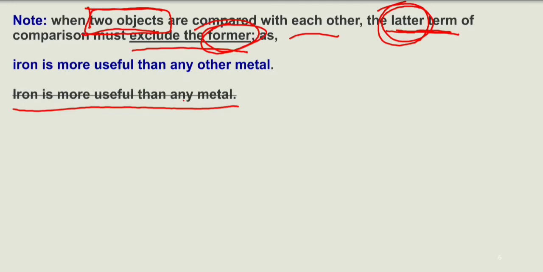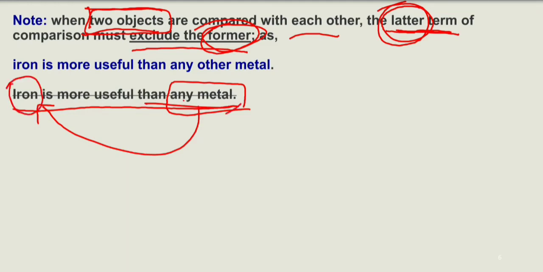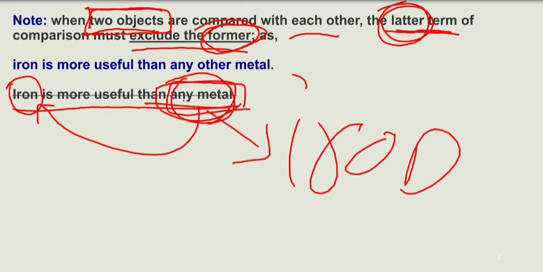Now here any metal includes the word iron. Iron itself is a metal. Here we are comparing iron and any metal, and in any metal we also mean iron. So in this sentence we are comparing iron to iron.